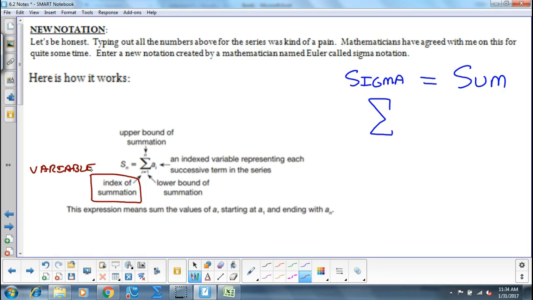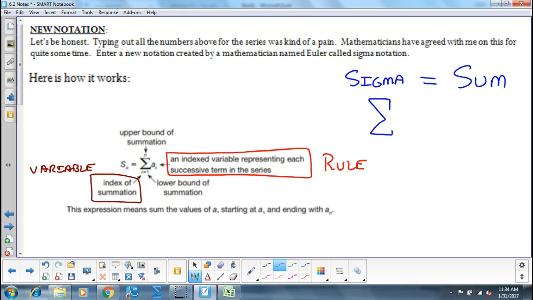It's a variable that gets used in the rule. So your rule that comes after the sigma notation had better have the same variable that you're using as your index of summation. Okay?